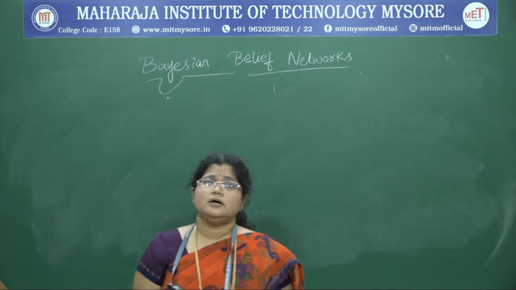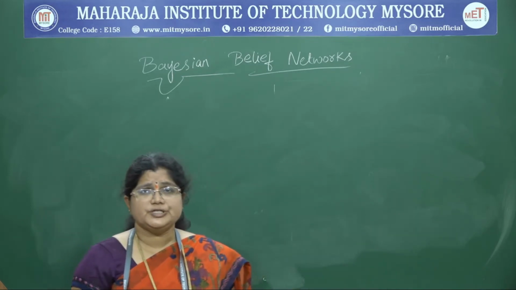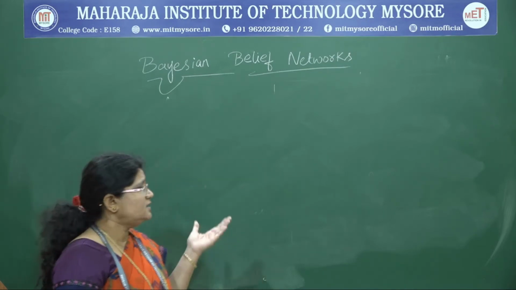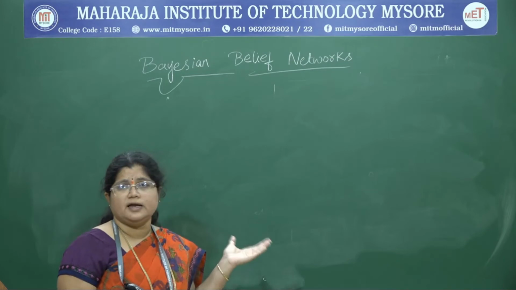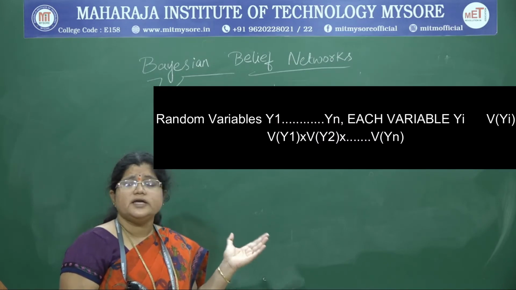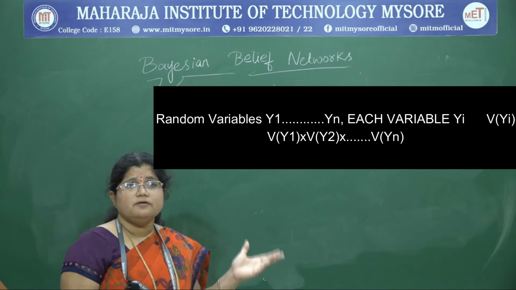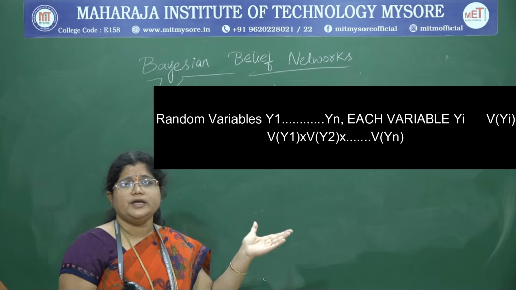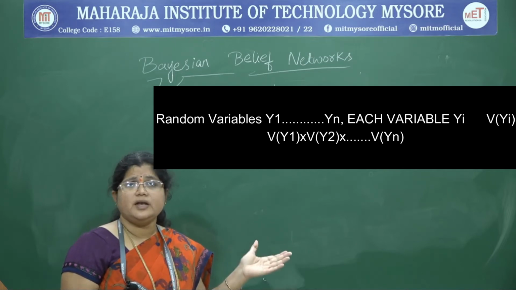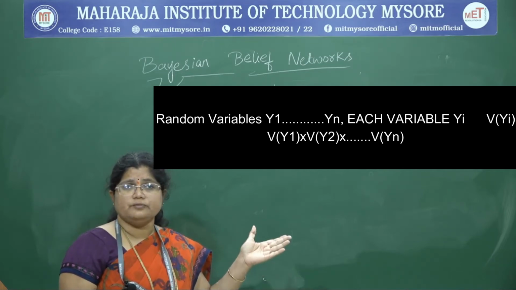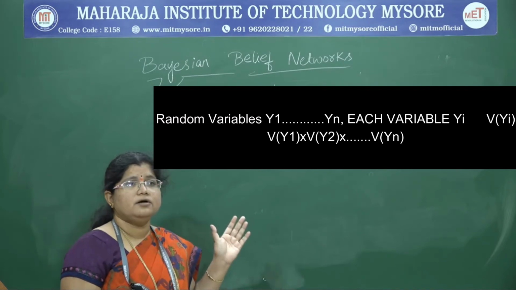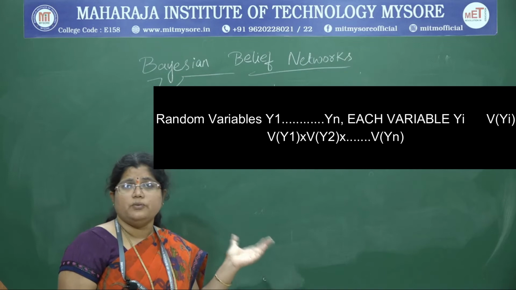Now let us look at a few notations required for the Bayesian belief network, highlighted here. Consider a set of random variables Y, from y1 to yn, where each variable can take on a set of possible values.